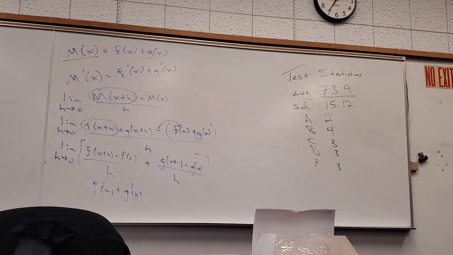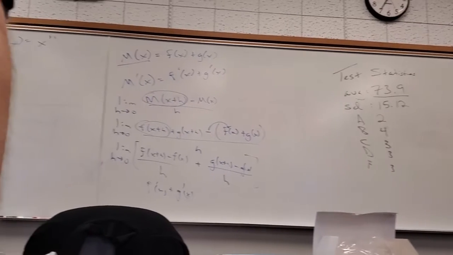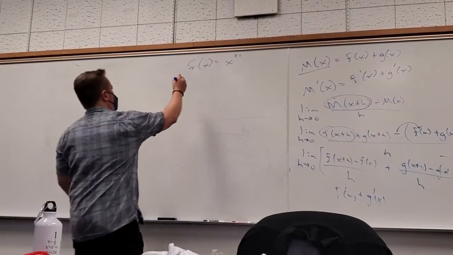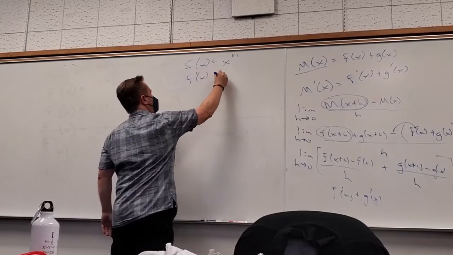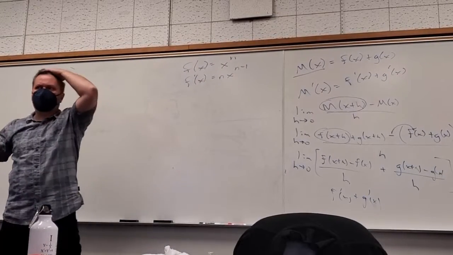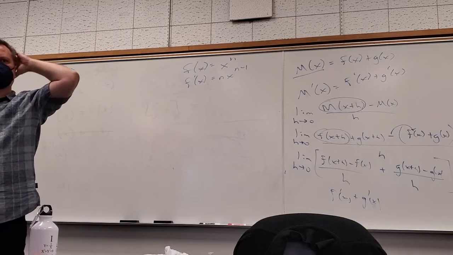What do you guys think about, so the rule again we just came up with a minute ago is, if I have this, then I have this. Here's the question I have for you. What n does that work for?